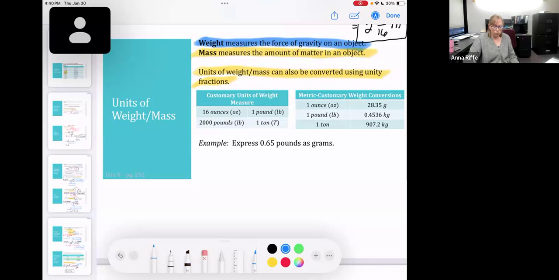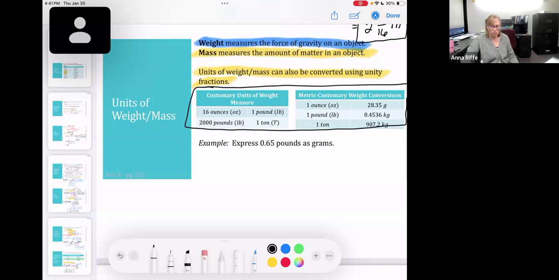You will see on your conversion chart, oddly enough, 2 more tables that involve units of weight in both the metric system and the customary system. So here on the left, we have the customary system units of weight. Here on the right, we have the metric to customary system units of weight. So same process as before, we're just talking about a different type of unit. For example, if we want to express 0.65 pounds as grams, then we're going to take 0.65 pounds, make that a fraction.